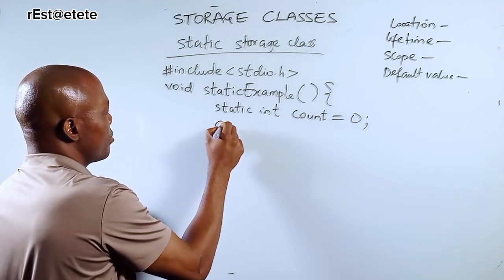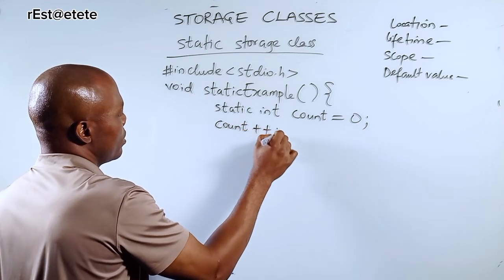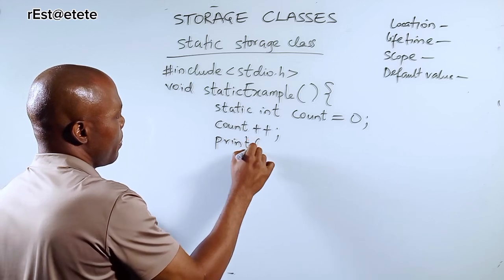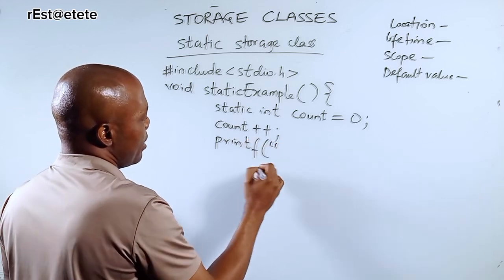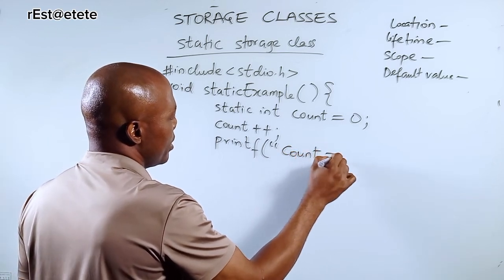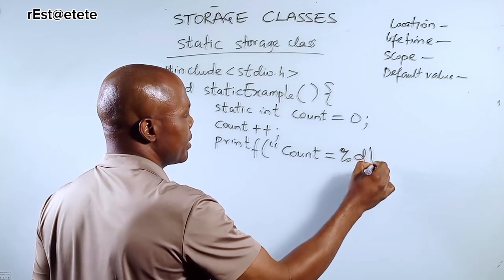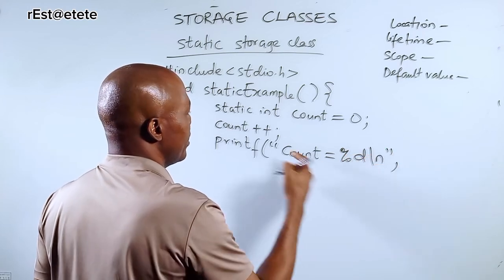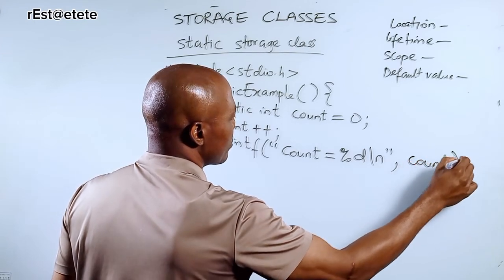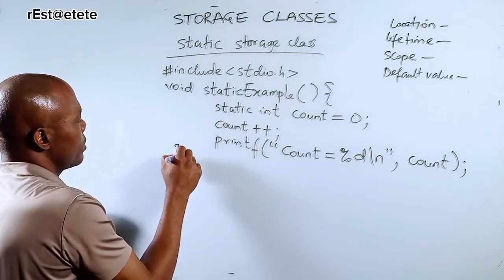Then I will say count plus plus. Then printf count equals %d\n, with count. Then I will close my function.